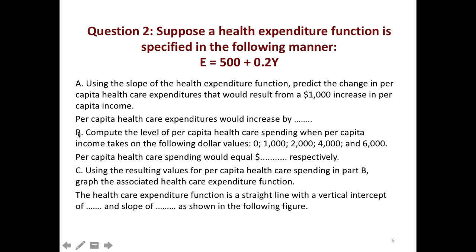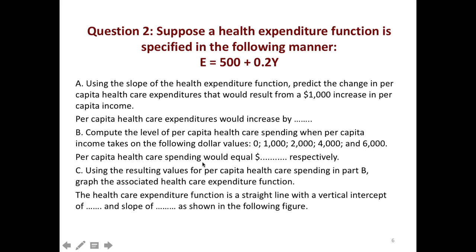Now, question number B is asking you to compute the level of per capita healthcare spending when per capita income takes on the following dollar values: 0, 1,000, 2,000, 4,000, 6,000.